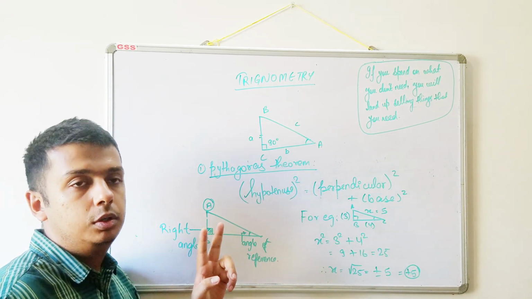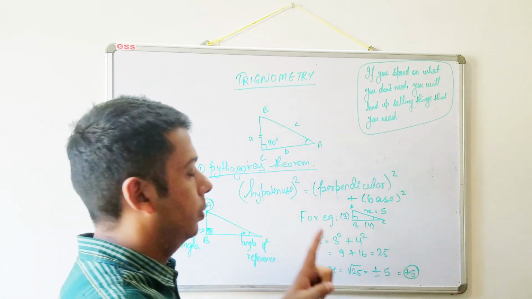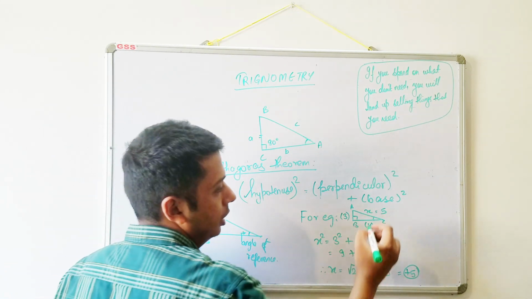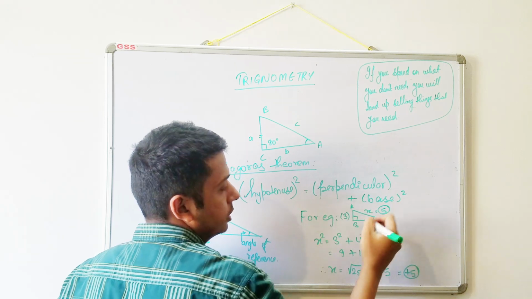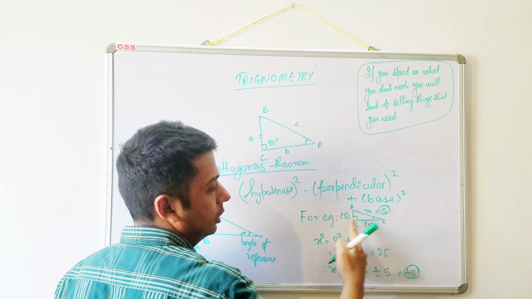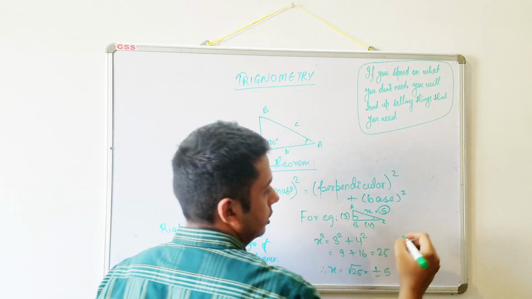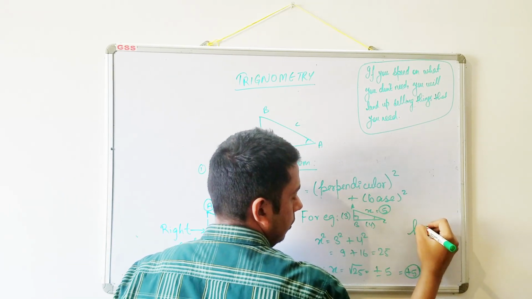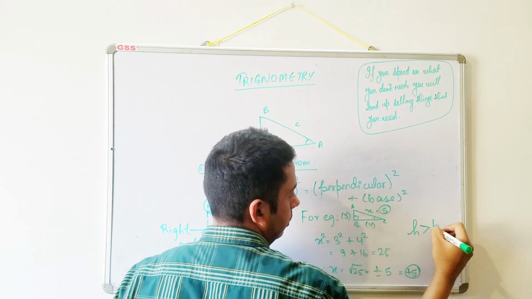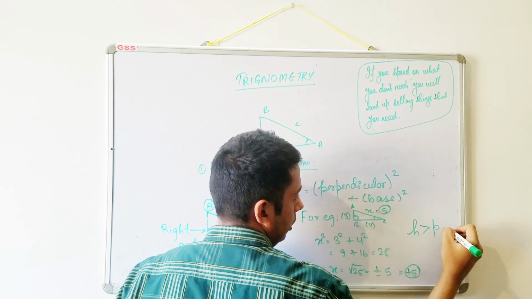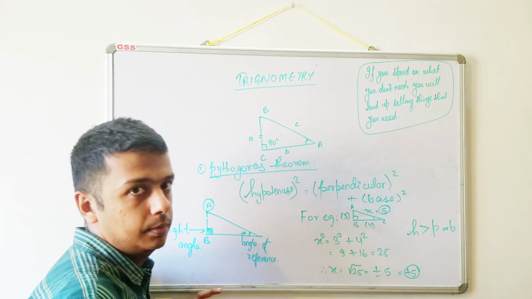So here I want you to notice two things. The first being, hypotenuse is always longer than the perpendicular and the base for any case. So hypotenuse will always be greater than perpendicular or base.